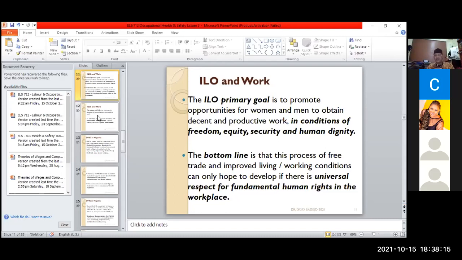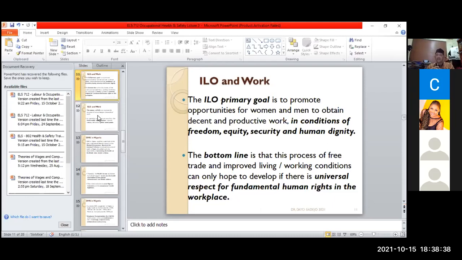Take note of that one in particular, human dignity. There is dignity in labor. Don't trivialize anybody. Even the least, the cleaner, the one that sweeps the floor, must be properly kitted. There is dignity in labor. And we must ensure that people are safe when they come to the workplace.